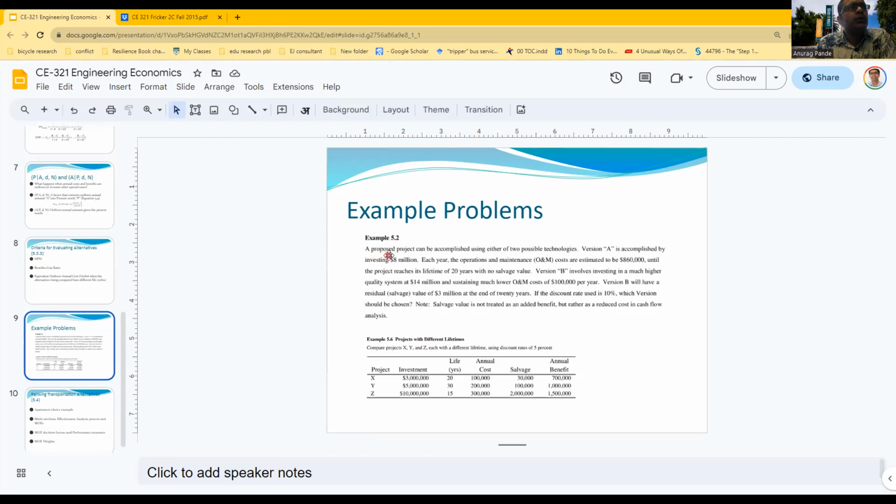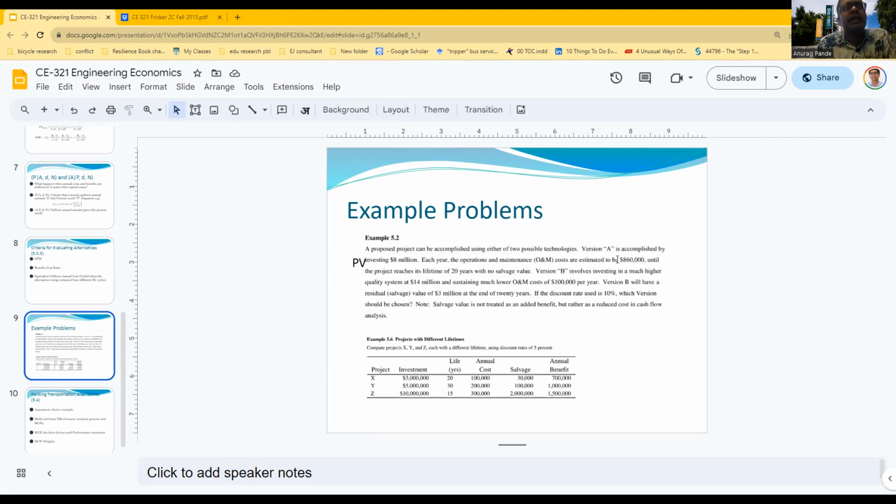Example 5.2: a proposed project can be accomplished with two technologies. Version A is accomplished by investing 8 million. This is your present value, your PV.